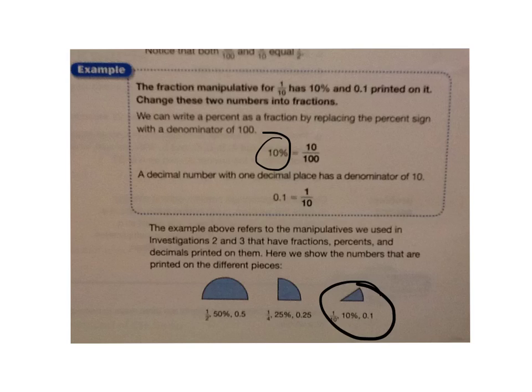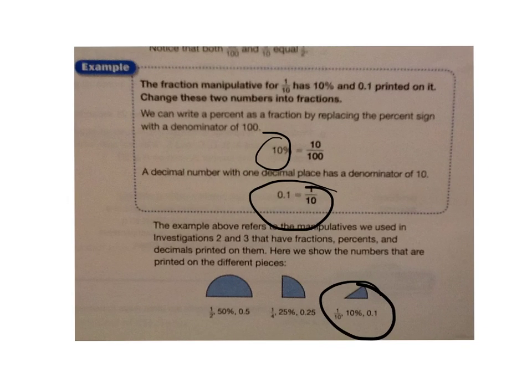A decimal number we write with one decimal place to the right, right here, which also is equal to 1/10. We also right here show the fraction manipulative for a half of a circle, which we saw on the previous slide.